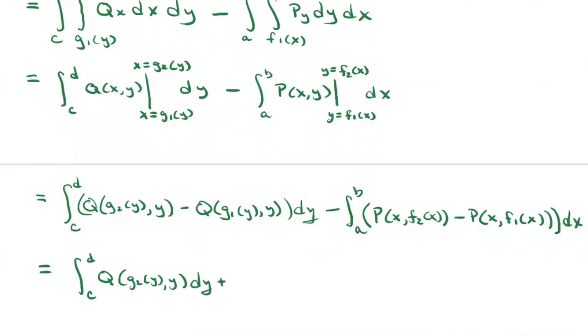Next, I'm going to change the order of integration and make it a plus, the integral from D to C. See how I change the order? It makes the integral positive. This will be Q of G1 of y comma y, dy.